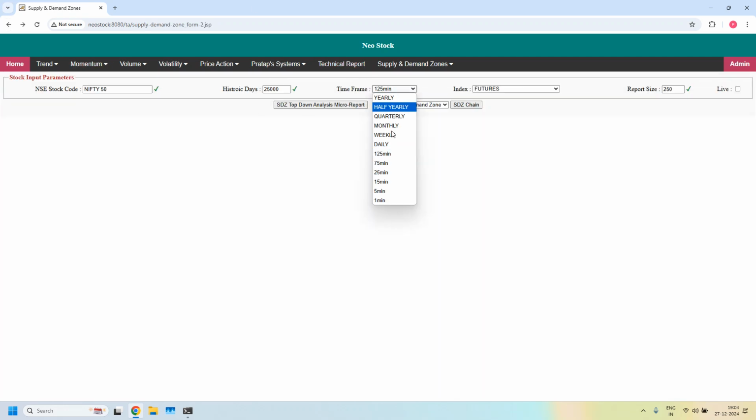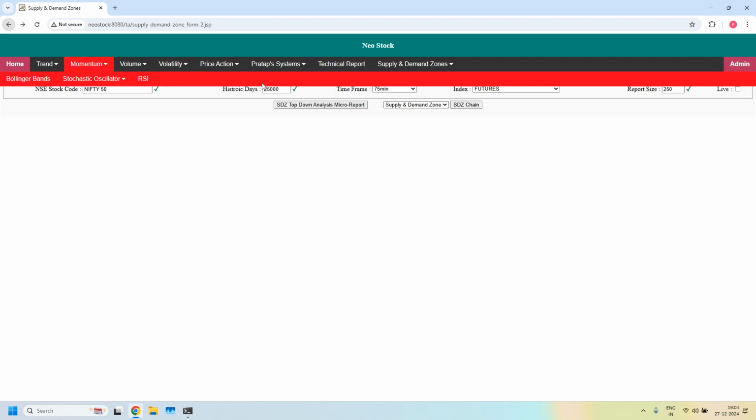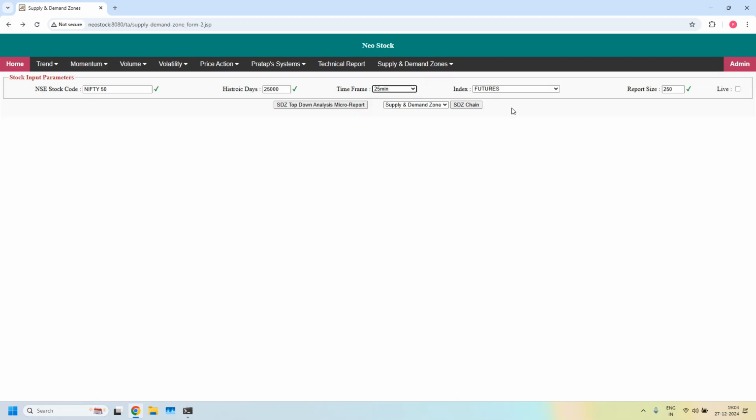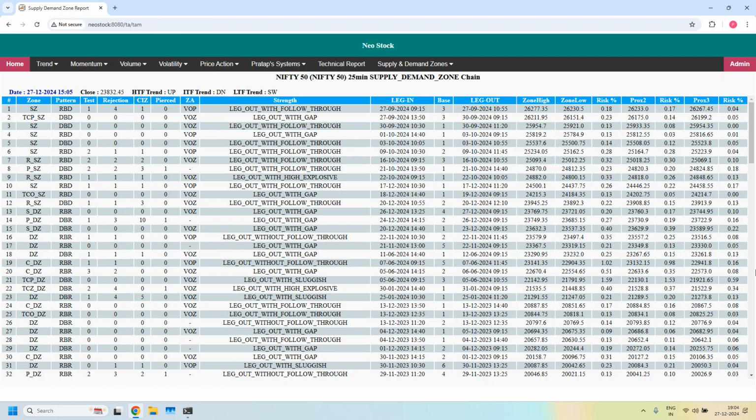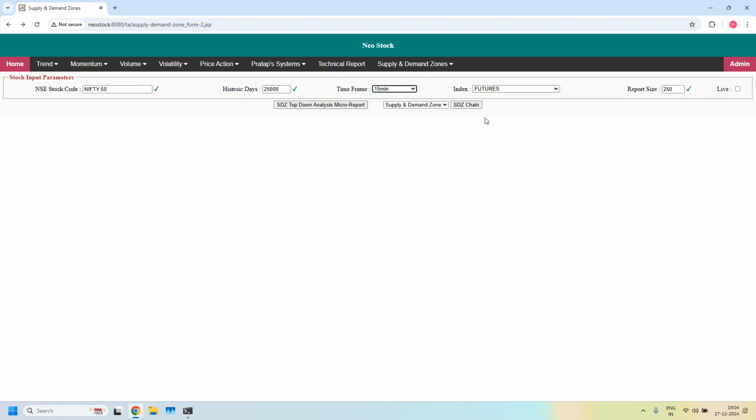Next, 75 minute supply demand zone chain for Nifty. Next, 25 minute supply demand zone chain for Nifty. Next, 15 minutes supply demand zone chain for Nifty.